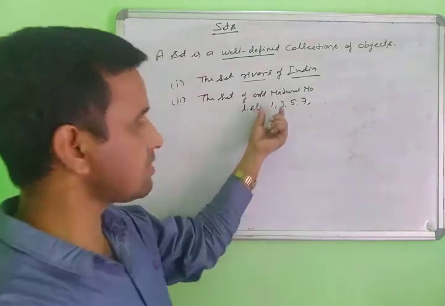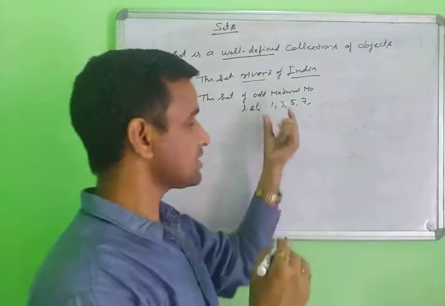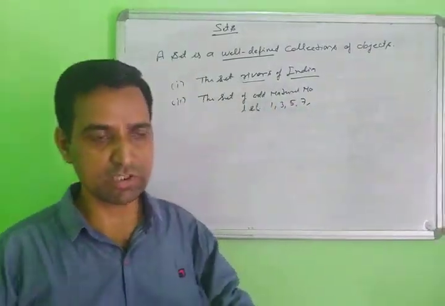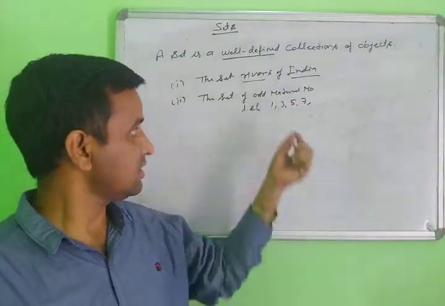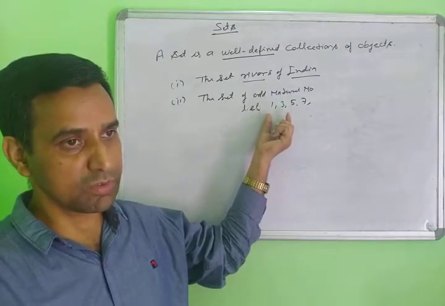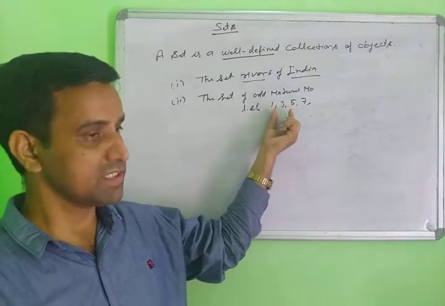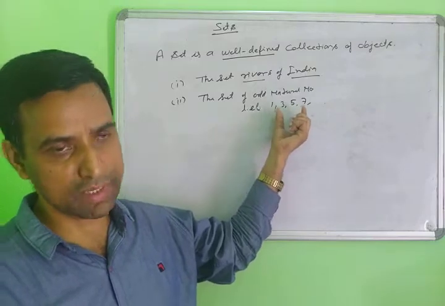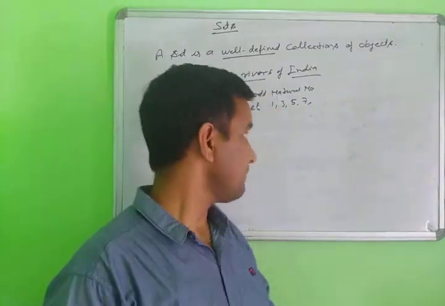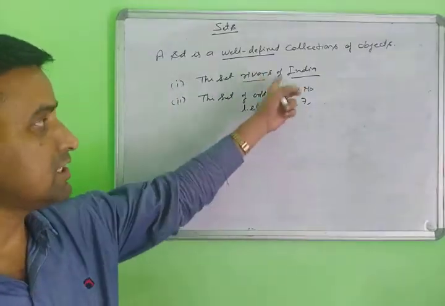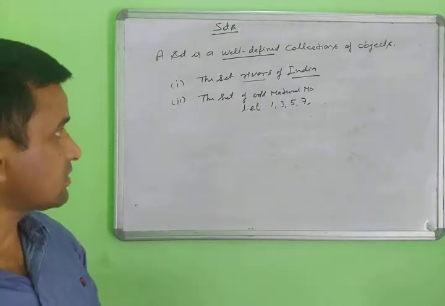You know these numbers are odd. Every person knows which is the odd number. This is not different from person to person. Which number is odd, which number is even. You easily know these numbers are odd. Then you make the set. In this type of object you make the sets.